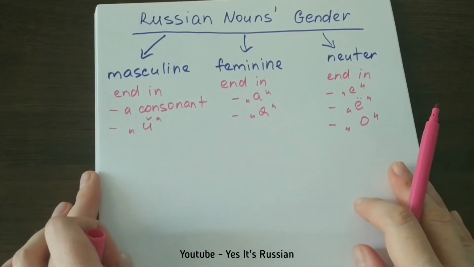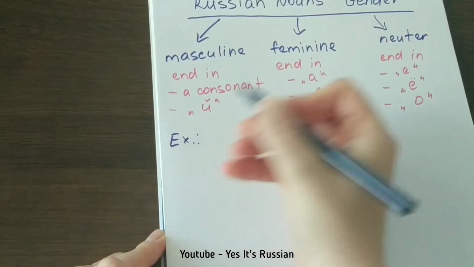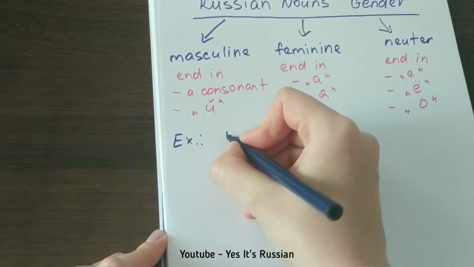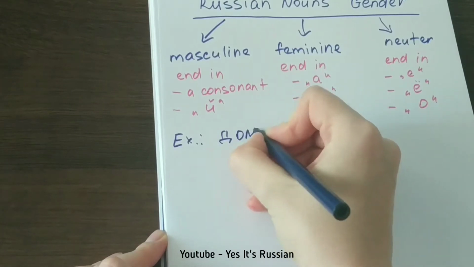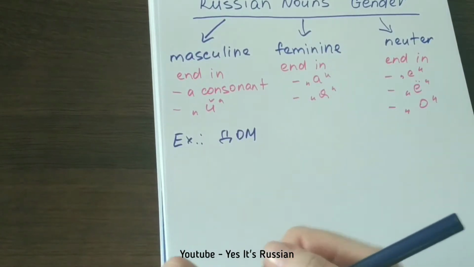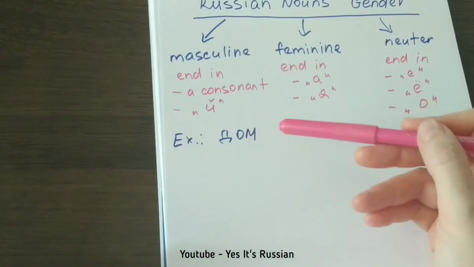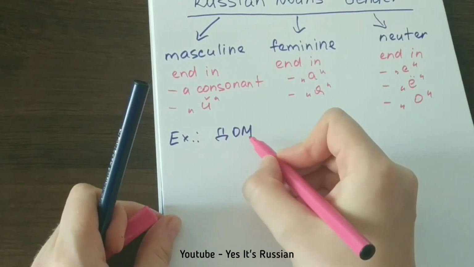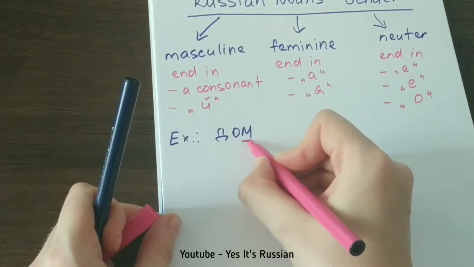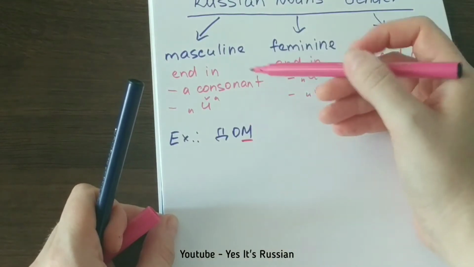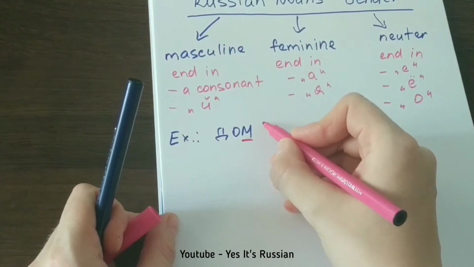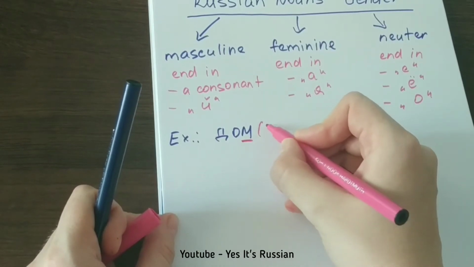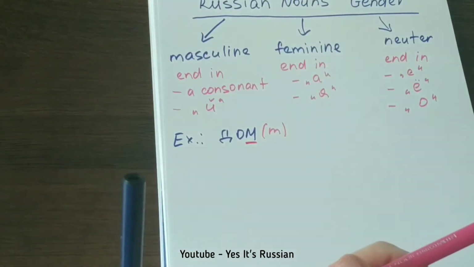Now let's see some examples. For the masculine gender, I will give you this word: Dom. The translation is house. So we see that this noun is ending in the consonant M, and if we follow the rules, this noun is of the masculine gender.